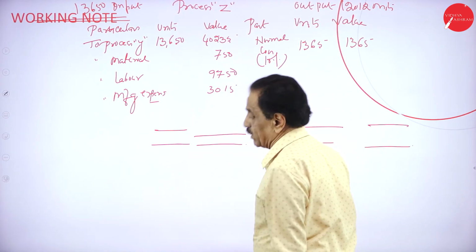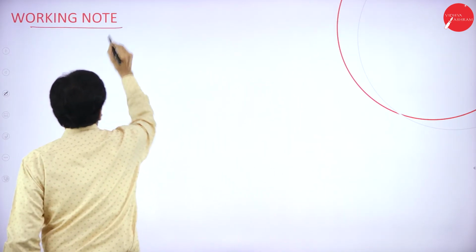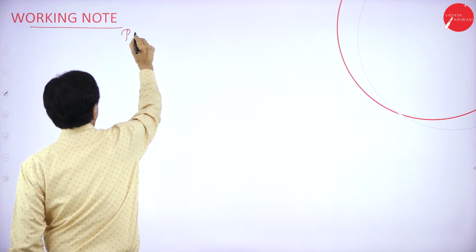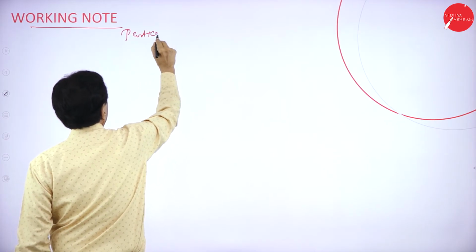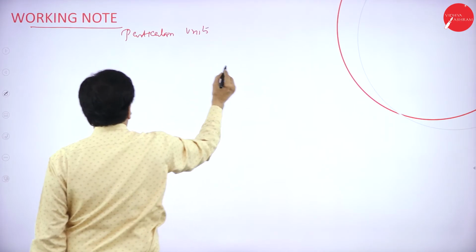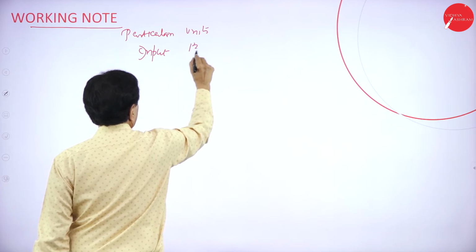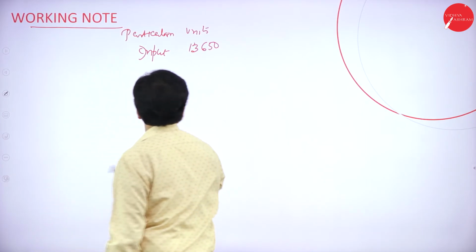We'll go with the working note now. Working note. Particulars. Units. Input 13,650 units.